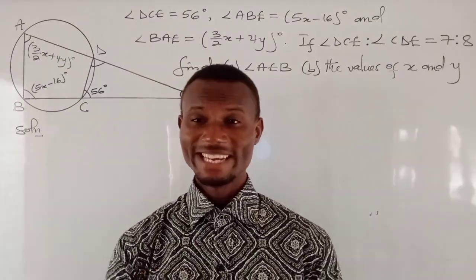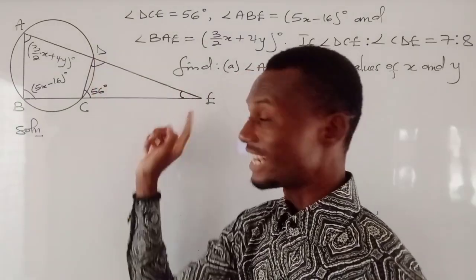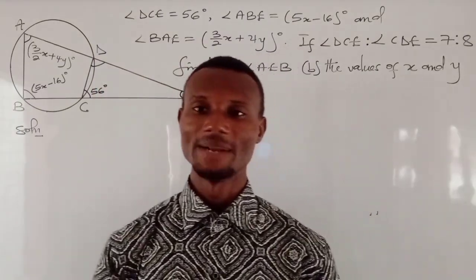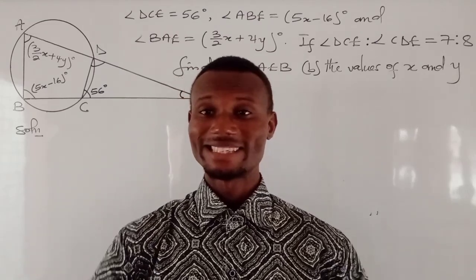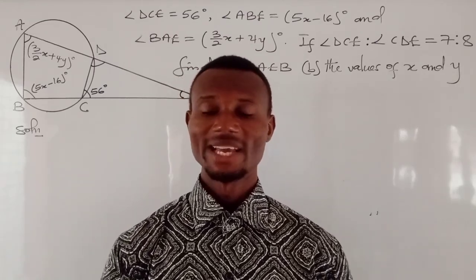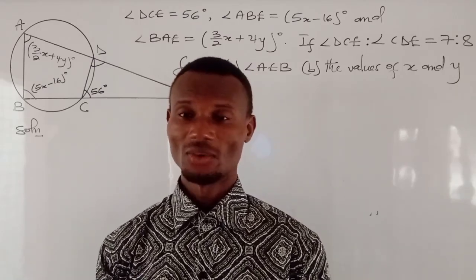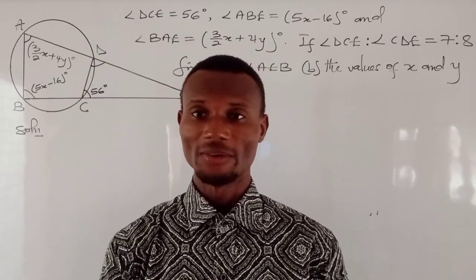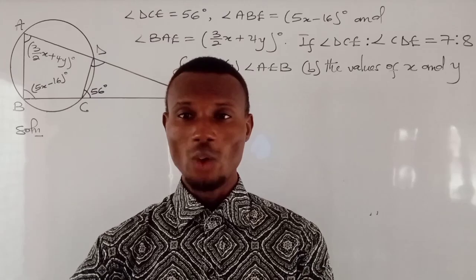Now, the reason why I'm considering the triangle CDE is because we are going to apply a property under plane geometry. It says that the sum of the angles in a triangle is equal to 180 degrees. So when you add up the interior angles in a triangle, they sum up to 180 degrees.